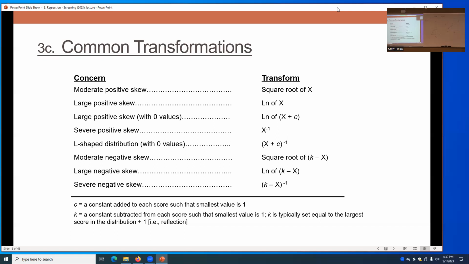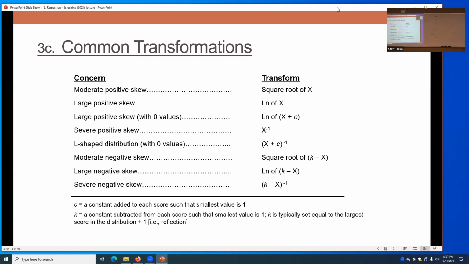K is just a constant subtracted from each score so that the smallest value is 1. Typically we set K equal to the largest score in the distribution plus 1, and we're just reflecting that around. So if my scale runs 0 to 100 and I've got a negative skew, I'm going to take 101 minus all the values.